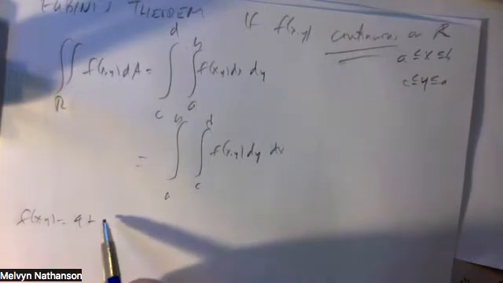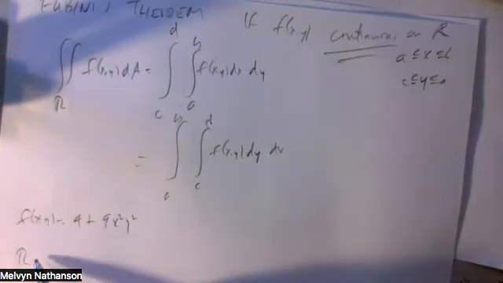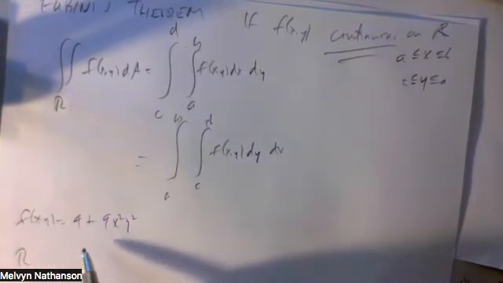Suppose we have f of x, y is the function 4 plus 9x squared y squared. And we take a rectangle R, which is defined by x goes from -1 to +1, and y goes from 0 to 2.